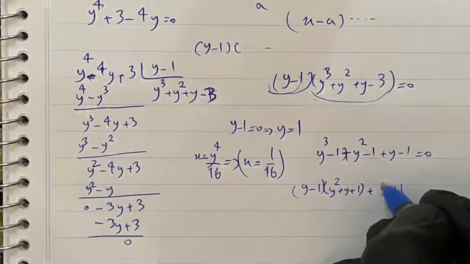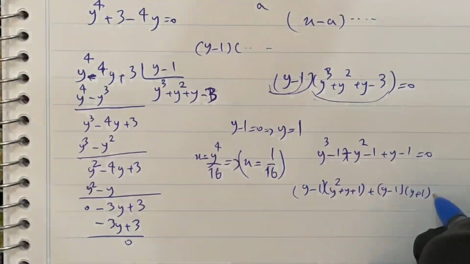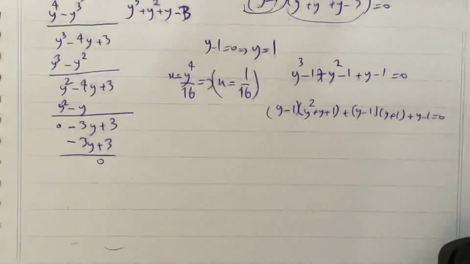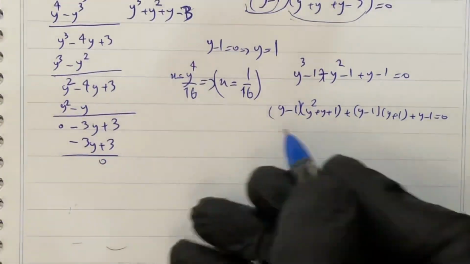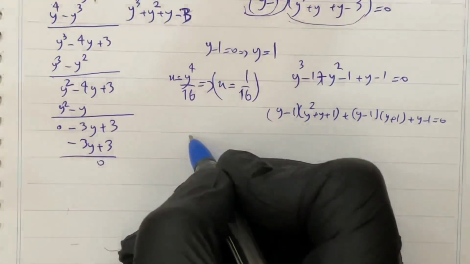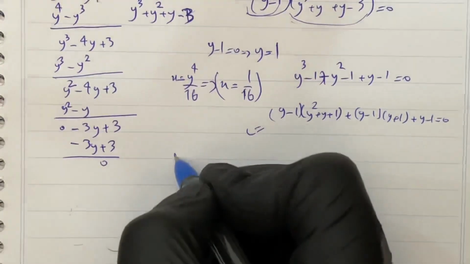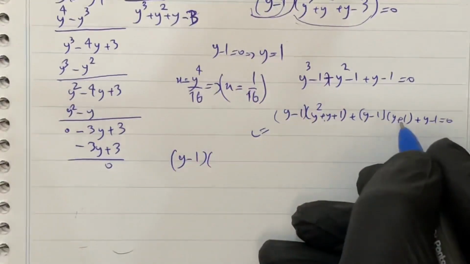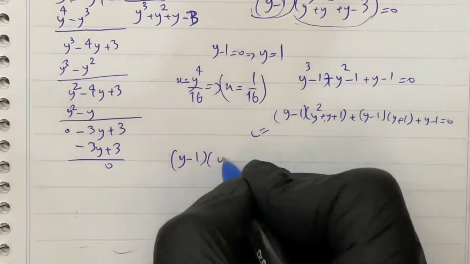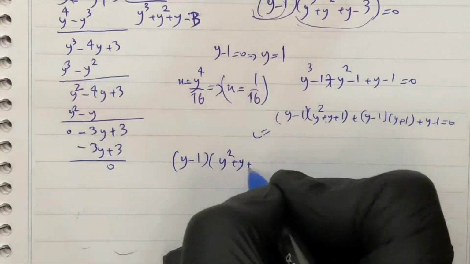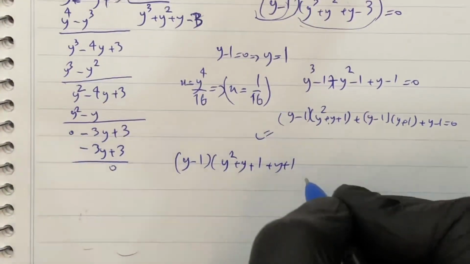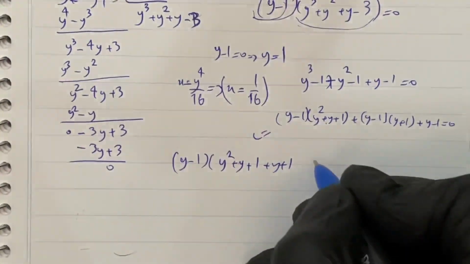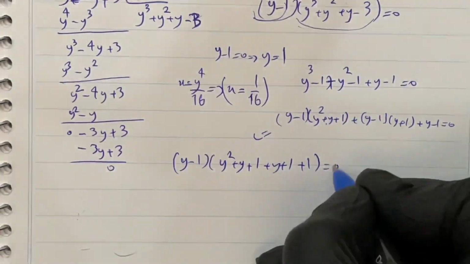this, and also you could factorize a y minus 1 from here, and then y minus 1 times y^2 plus y plus 1, plus y plus 1, plus 1 equals 0.